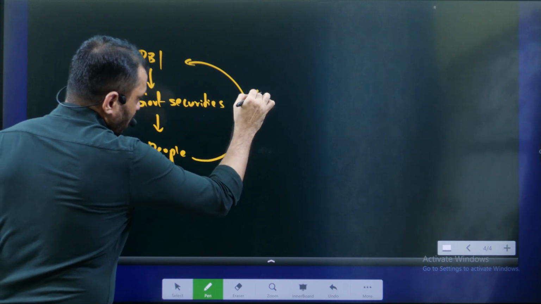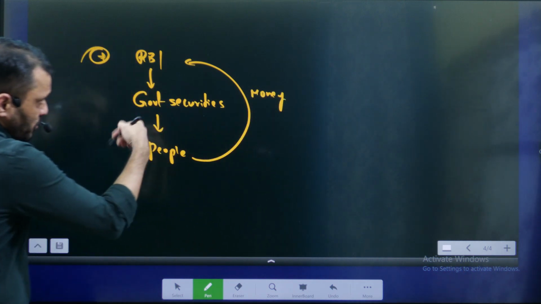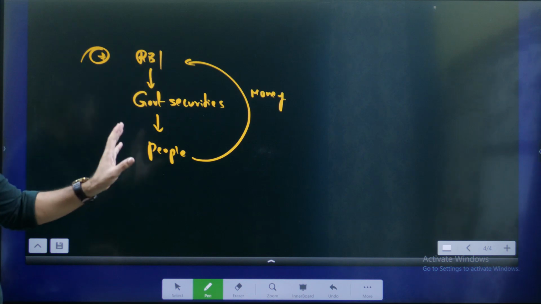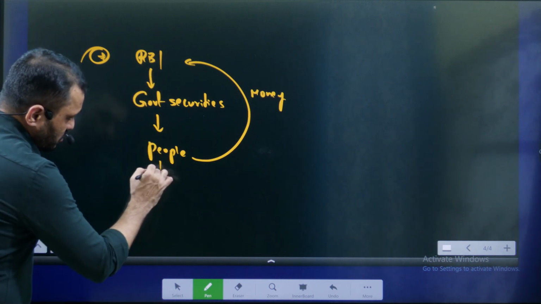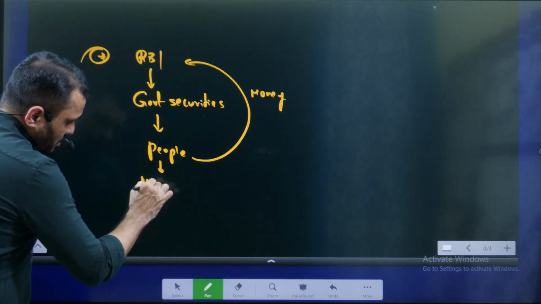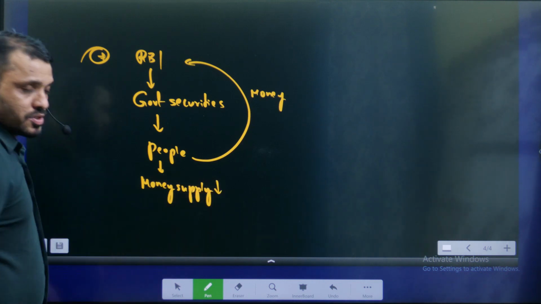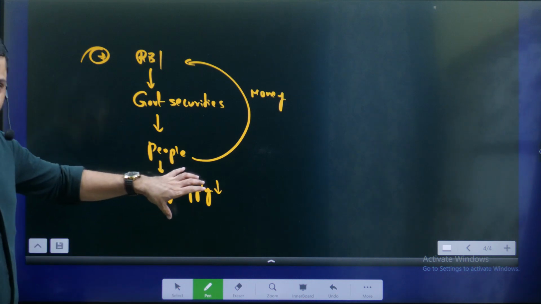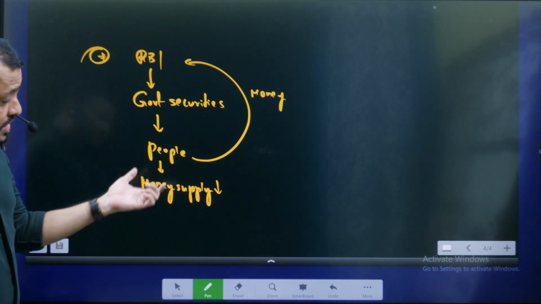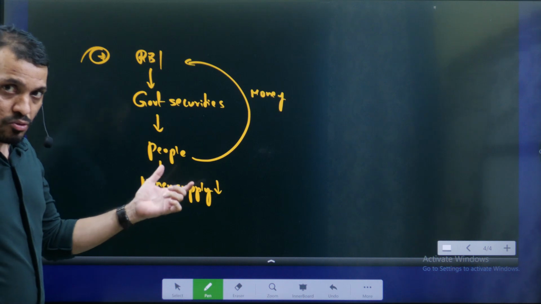Money will go to RBI. People are getting the bonds and money goes to RBI. That means this reduces the money supply in the market. Money supply in the market is reduced. So the outcome is a reduction of money supply.